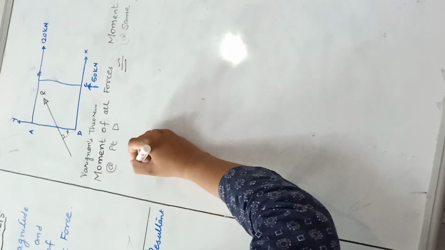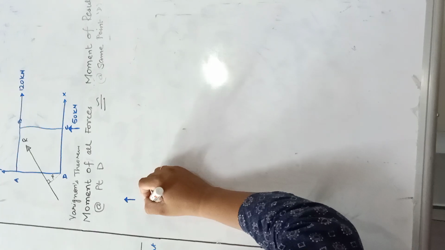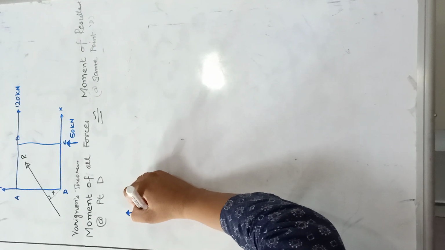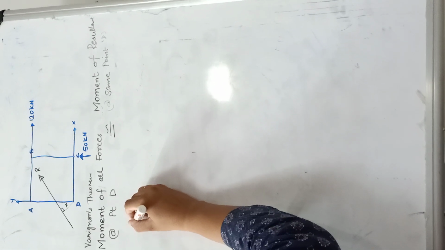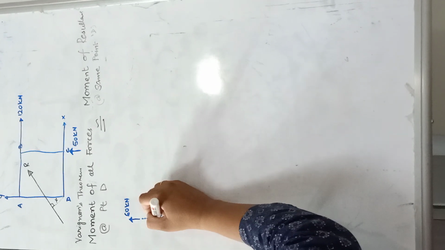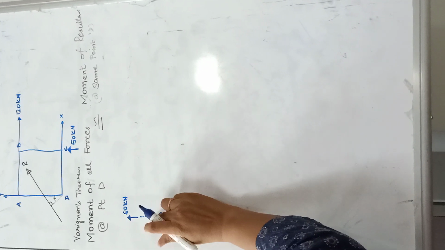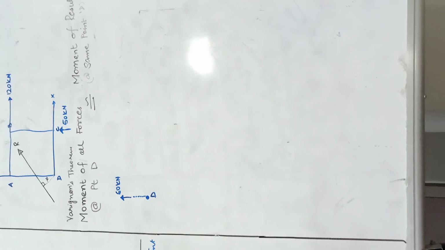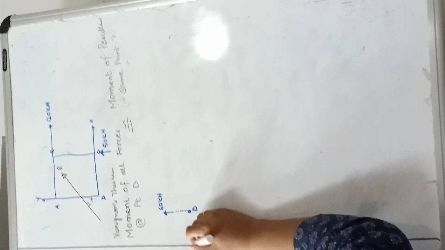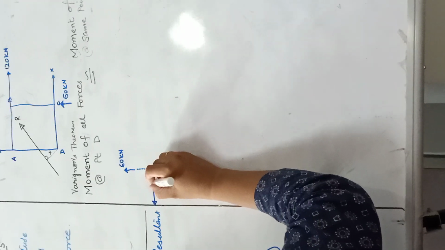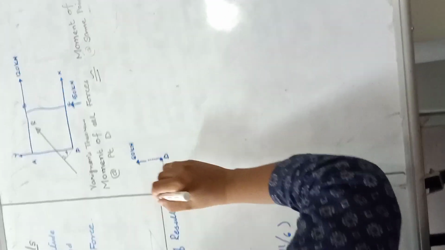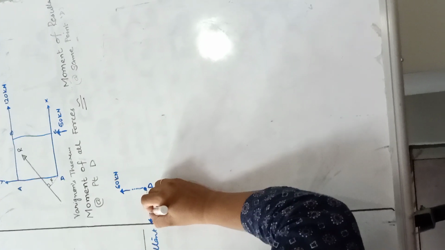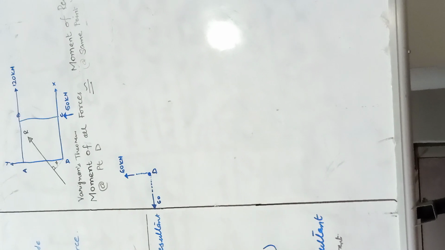When the line of action of a force coincides with the point where we are taking moment, it will not produce moment. It will try to produce linear motion. Similarly, this 60, if I extend its line of action, meets the point D where we are calculating moment, so again it will produce linear motion.